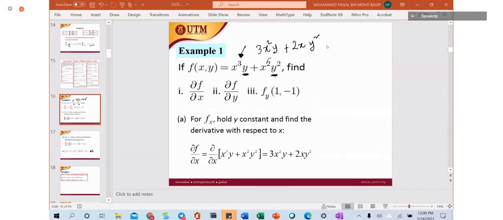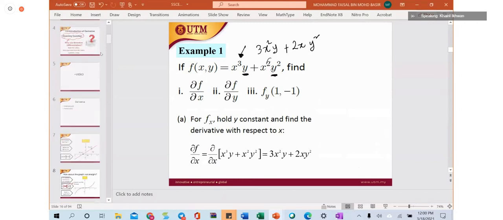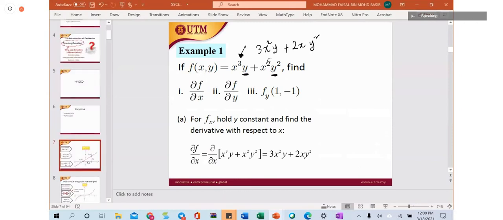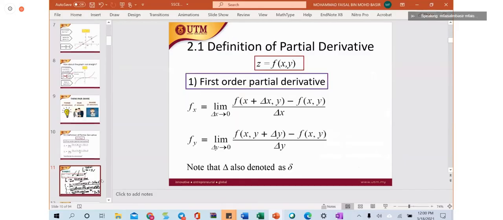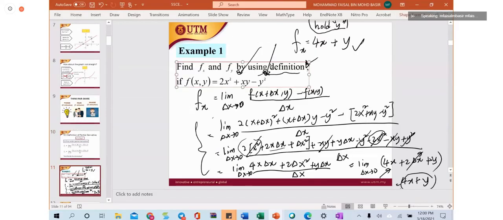For question 2, to find f_x and f_y, do we need to do the long calculation or just directly? If they tell you to use the definition, then use the definition.